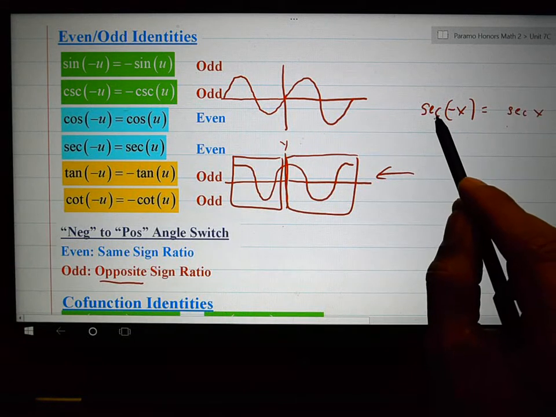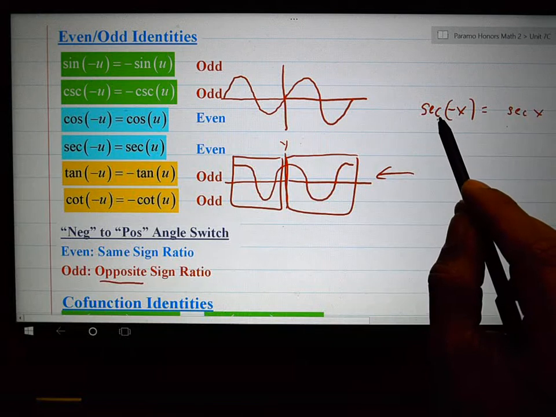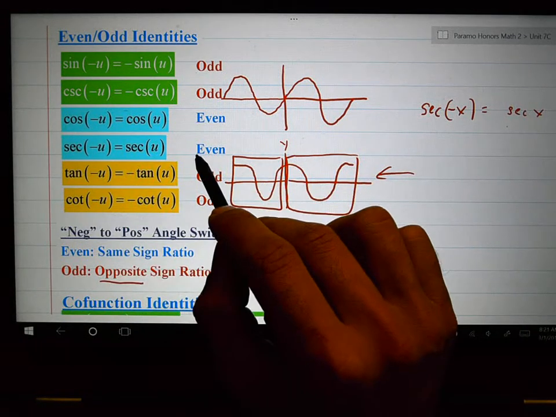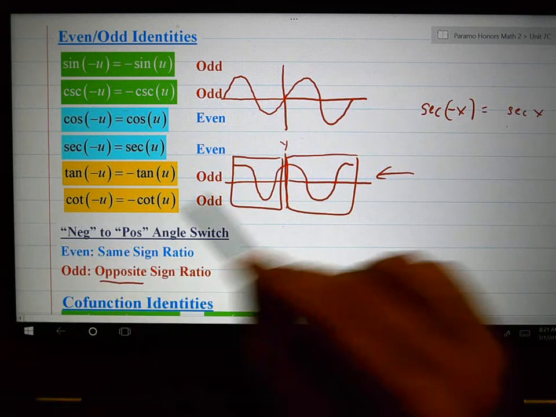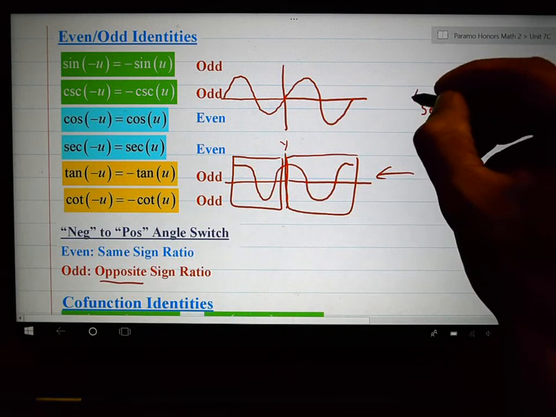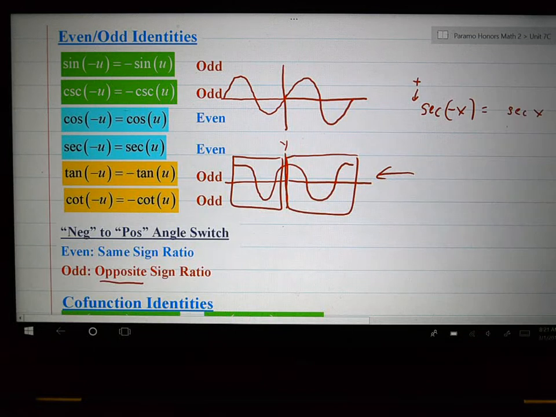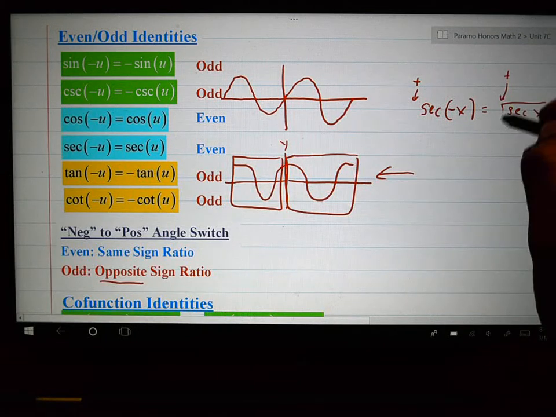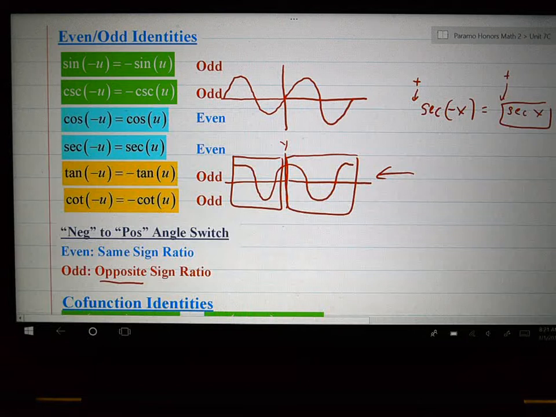You have to decide, is the secant even or odd? It's even. If it's even, it stays the same. Here's the sign you're checking. It's a positive. It's going to stay a positive. When you go from a negative angle to a positive angle, this is how you simplify it.